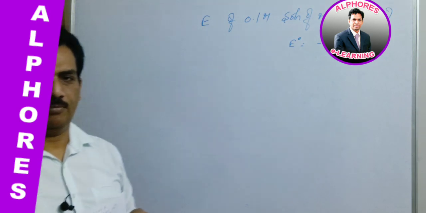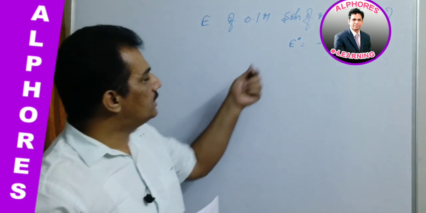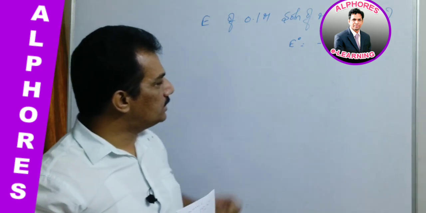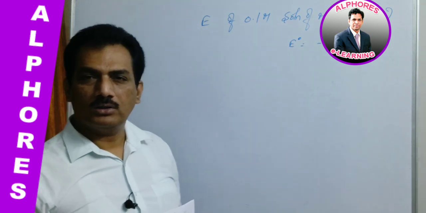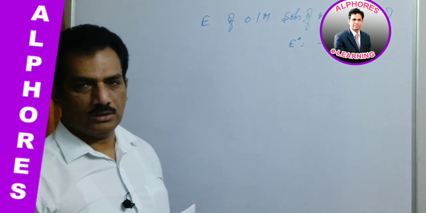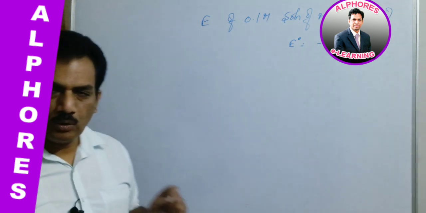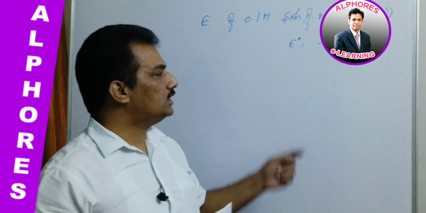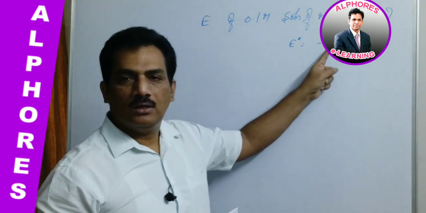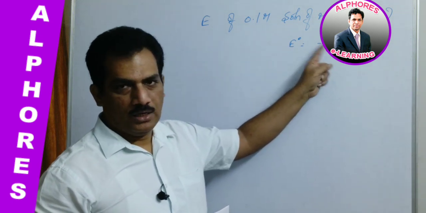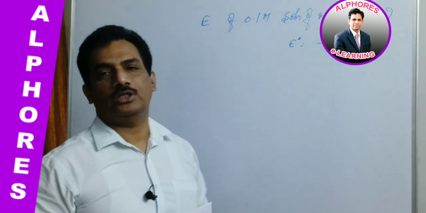electrode potential is given. Now the question is whether the standard electrode potential we have to consider as a reduction potential or oxidation potential. Generally you remember, when they are giving this electrode potential, by default we have to consider it as reduction potential.